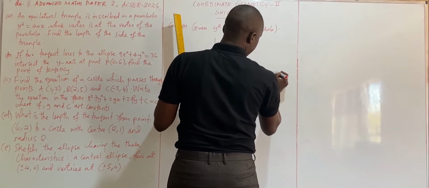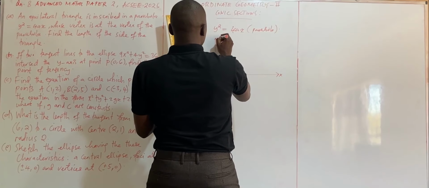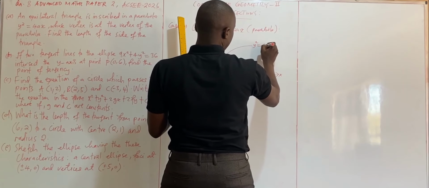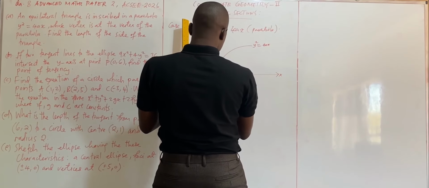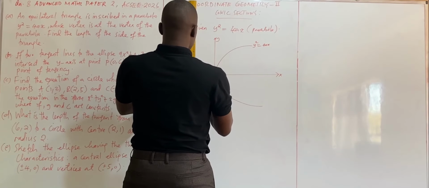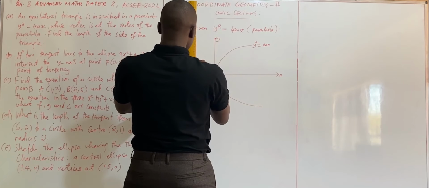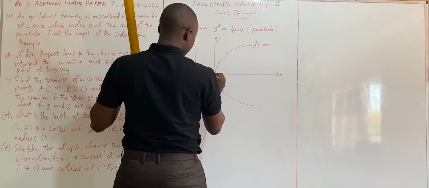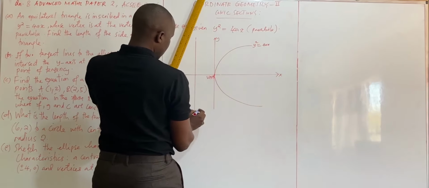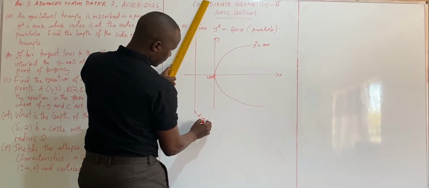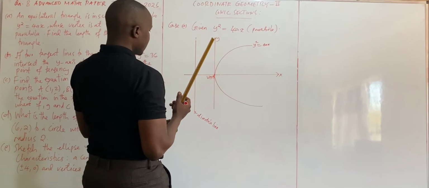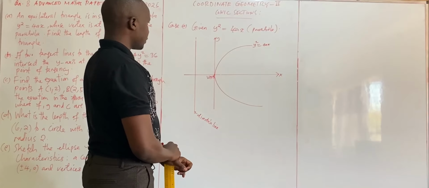This is the parabola y squared equals 4ax, drawn this way. The directrix line is always behind the vertex. The vertex is here at the origin, (0, 0), and this is the directrix line, x equals negative a.